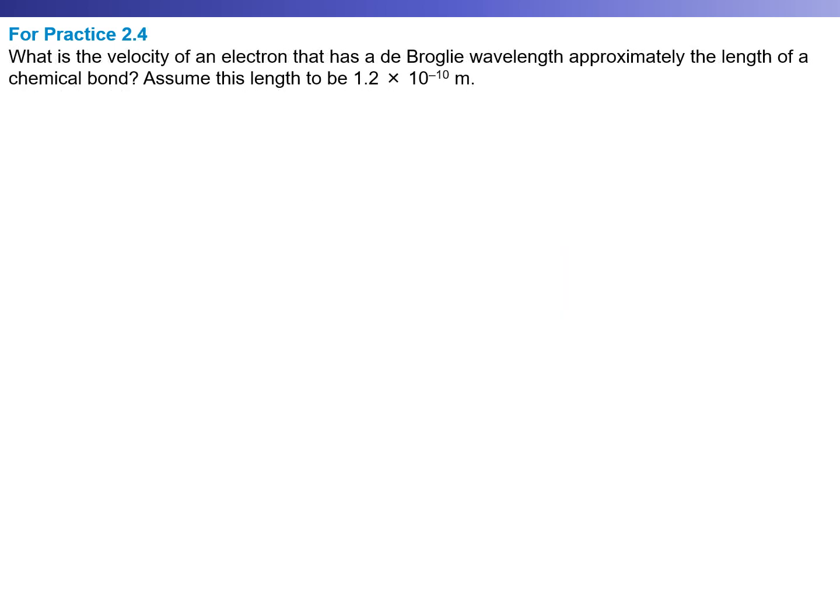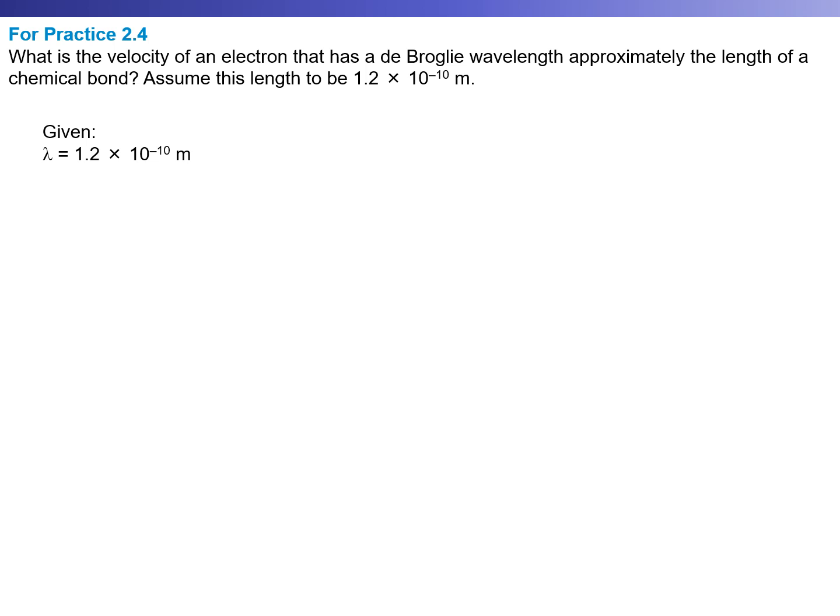Now in problem 2.4, they want us to use the de Broglie wavelength formula. The problem is asking what the velocity is of an electron that has a de Broglie wavelength approximately equal to a chemical bond, and that value is 1.2 times 10 to the negative 10 meters. So we're given this 1.2 times 10 to the negative 10th meters.